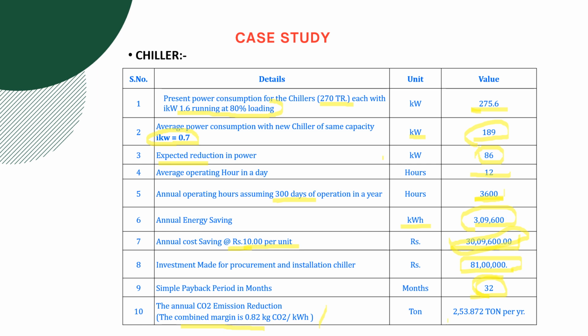The CO2 reduction for this case study is 253.872 ton per year, or 2,53,872 kg per year. So you can see how much effect a small replacement can have in a building.